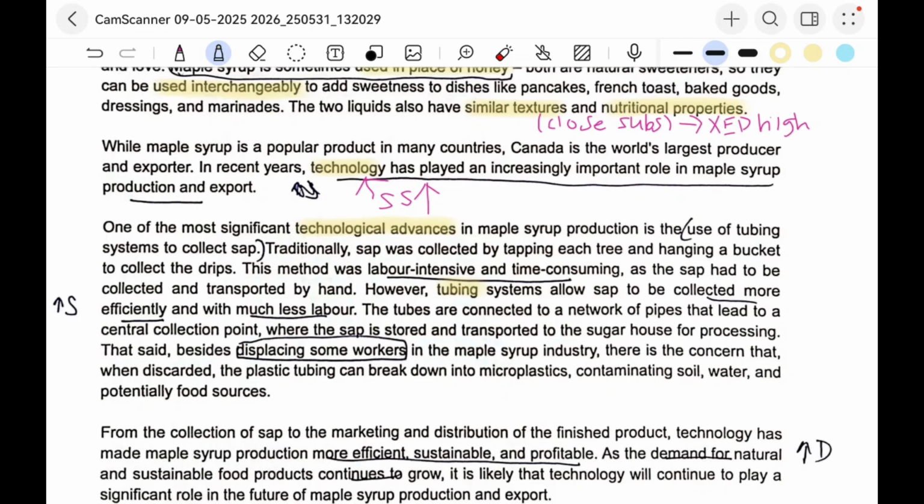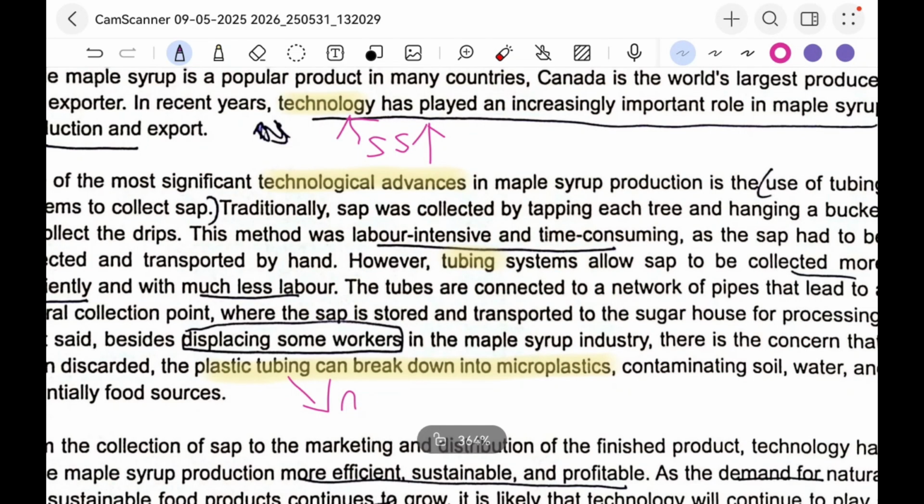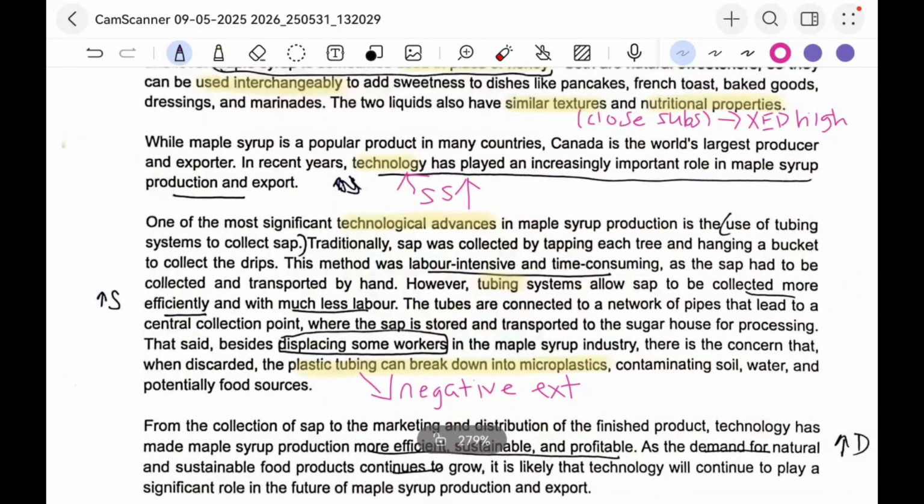This is interesting because apart from talking about the supply side, this also seems to imply that there is some relationship to your market failure, negative externality. So things like that you can catch and write down, because maybe the question may not ask, but at least if they ask later, you can write about it. Then you don't have to come back again and find where is the negative externality. So it is good to highlight this along the way.